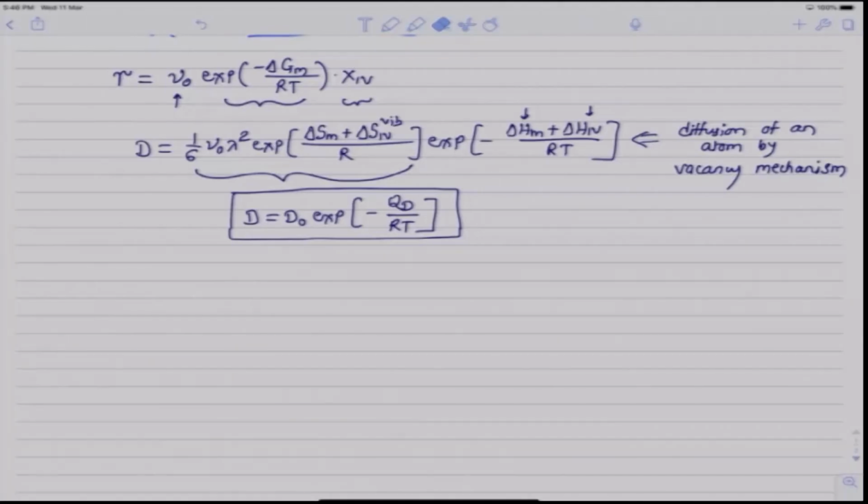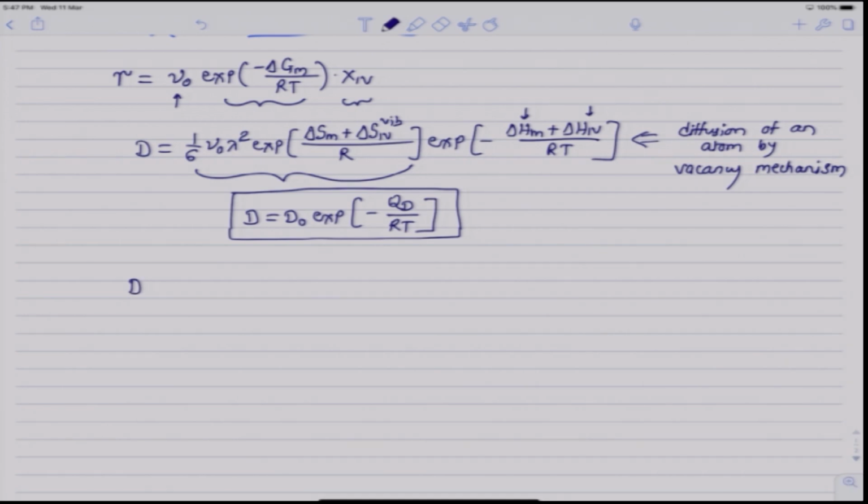So, when we consider the diffusion of a vacancy, we do not need to consider this term x 1v, because the probability that the next site is vacant is 1 almost at all times. And so, the only contribution to the activation energy for diffusion of a vacancy will be from the activation barrier for migration.